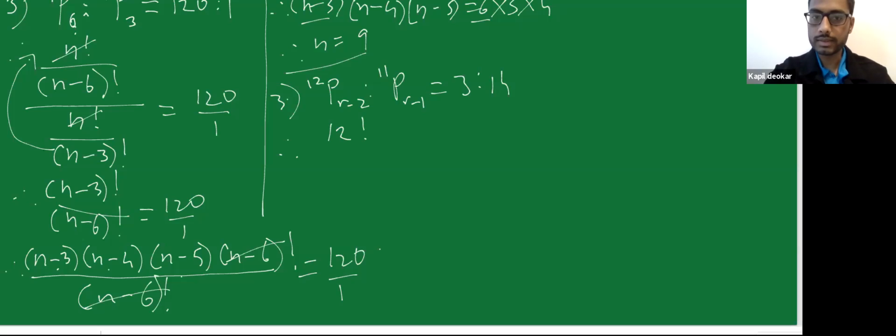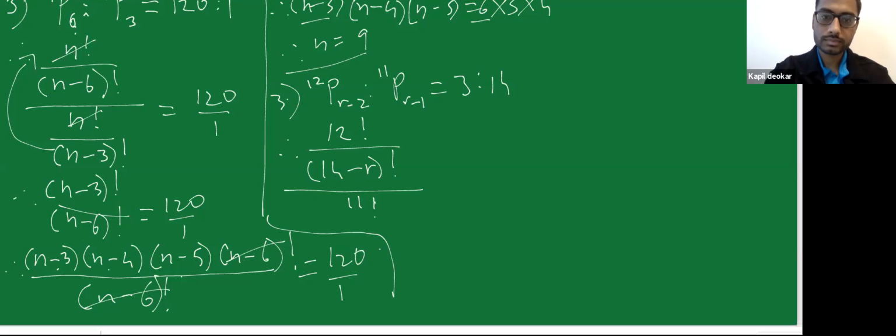Instead of n, I have 12, so that will be 12 factorial upon 12 minus r minus 2, so that would be 12 minus r plus 2, which is equal to 14 minus r factorial, divided by 11 factorial upon 11 minus r minus 1. So 11 minus r minus 1 is 12 minus r factorial, which is equal to how much? 3:14.